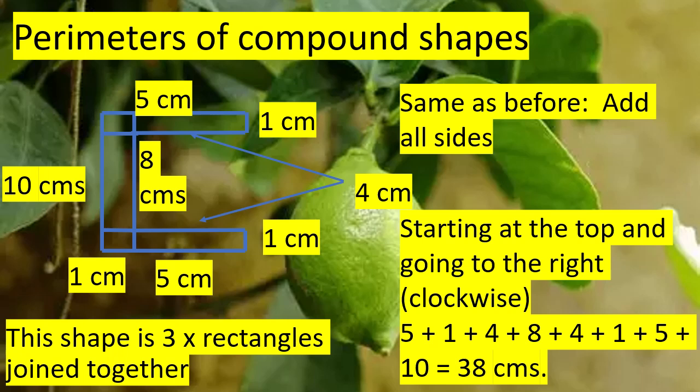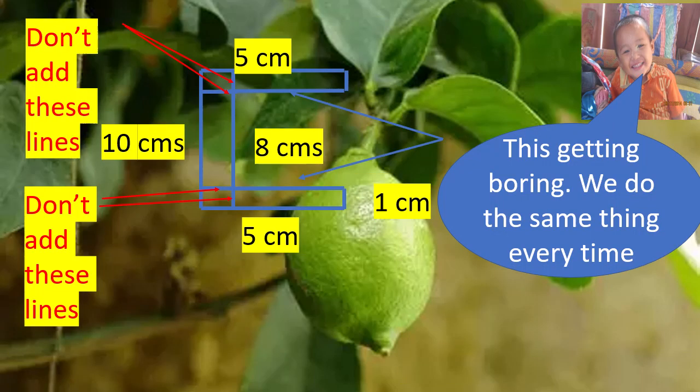So if you have 5 plus 1 plus 4 plus 8, and then on the other side, 4, and then 1, and then 5 again. So the total is 5 plus 1 plus 4 plus 8 plus 4 plus 1 plus 5. And finally, the long side, plus 10. So the total comes to 38 centimeters, not square centimeters.